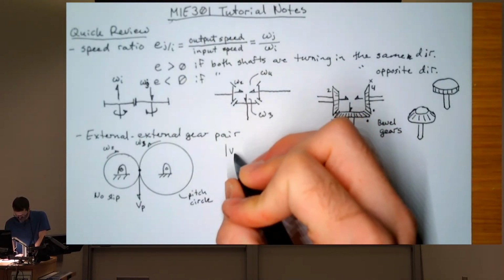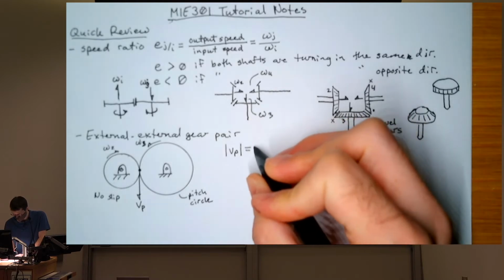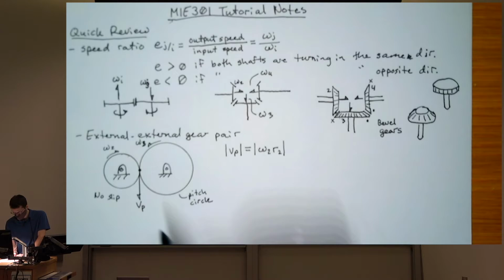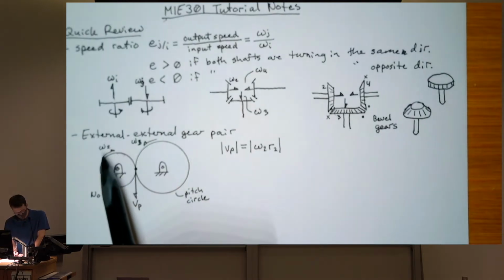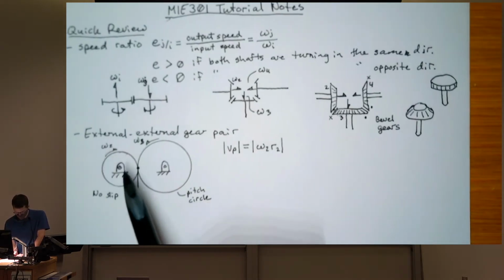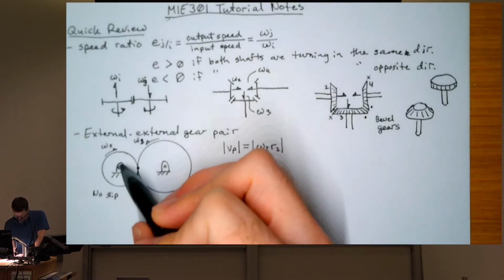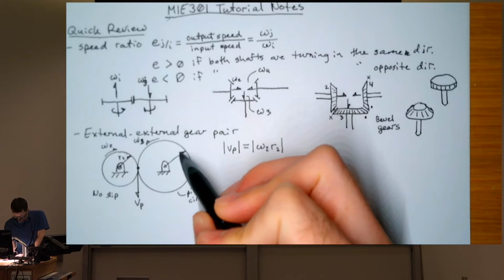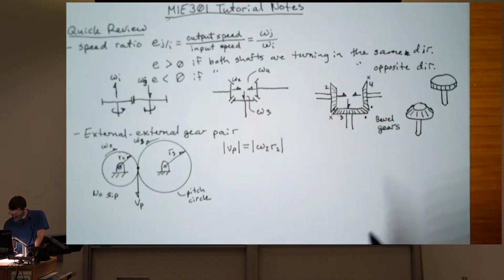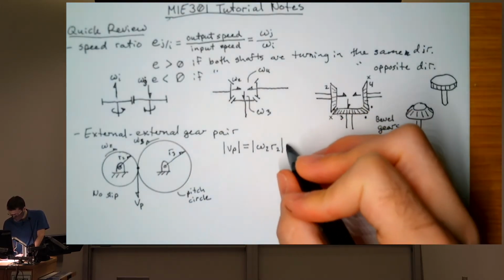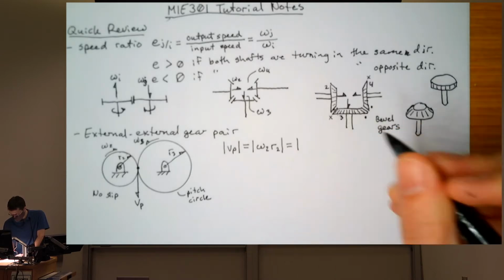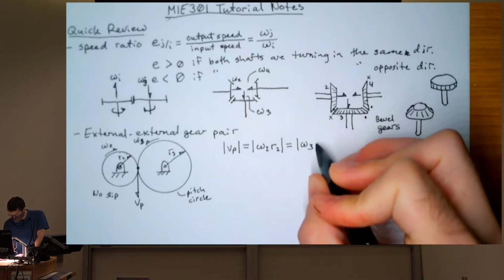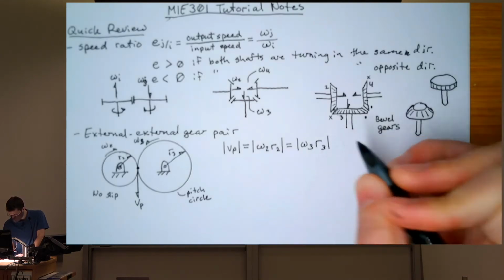The magnitude of that pitch point velocity is going to be equal to omega 2 times R2, because this gear is moving at some constant speed, omega 2, and it has some radius here, R2. And this one has some radius here, R3. And we know that at that point, because there's no slip, the velocity is the same. So it's also equal to omega 3 R3. That's the magnitude.